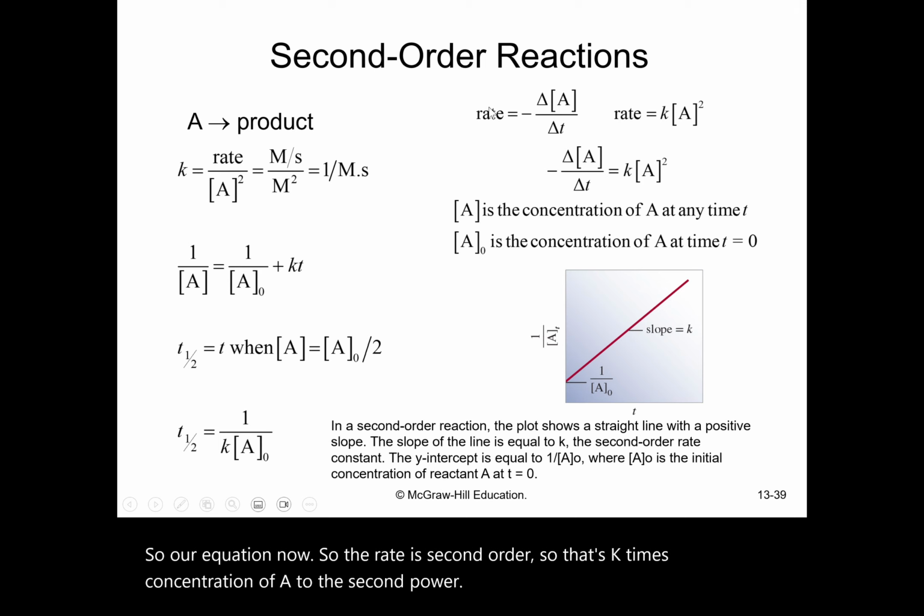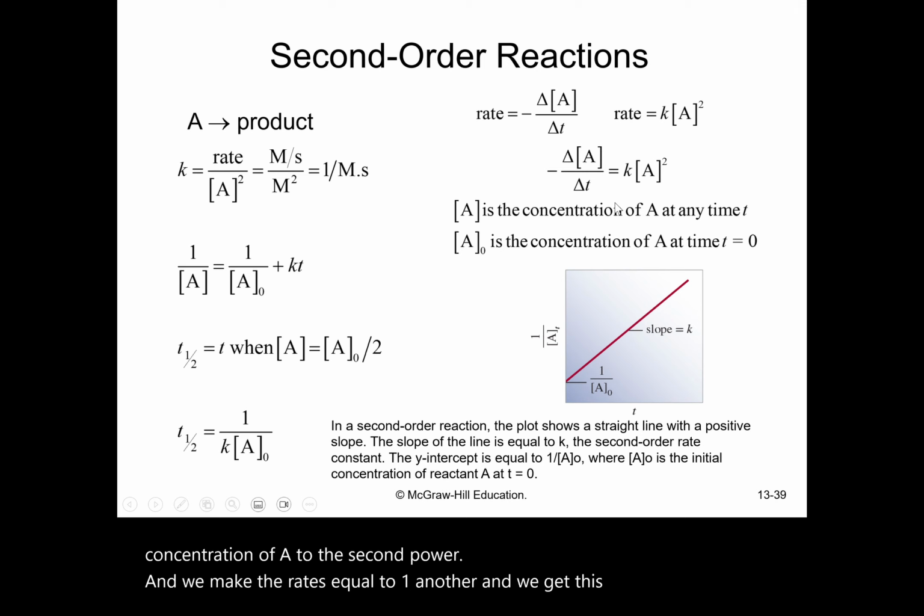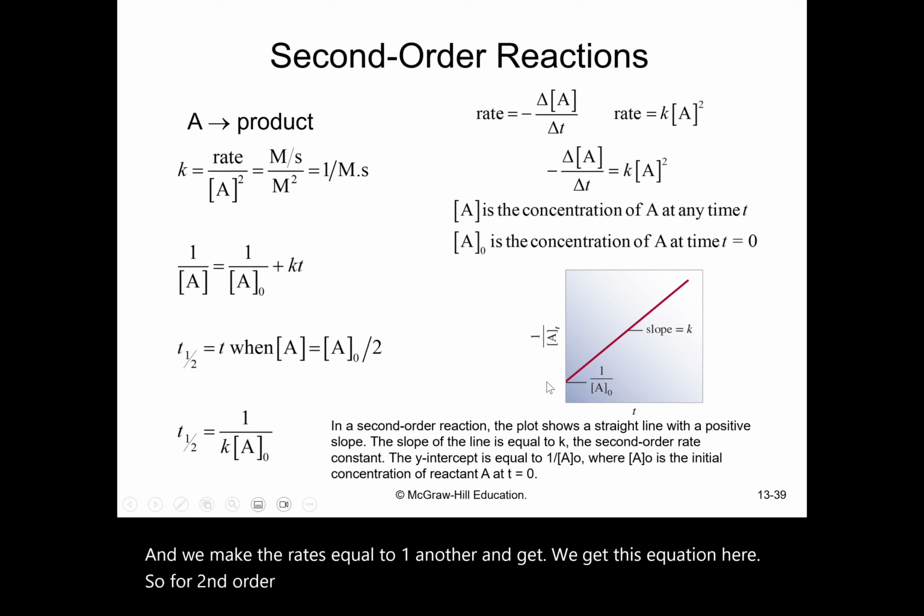And we make the rates equal to one another, and we get this equation here. For second order reactions, we get a positive slope with a straight line, and that indicates a second order reaction.